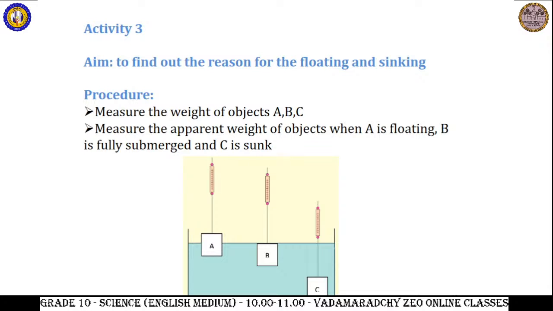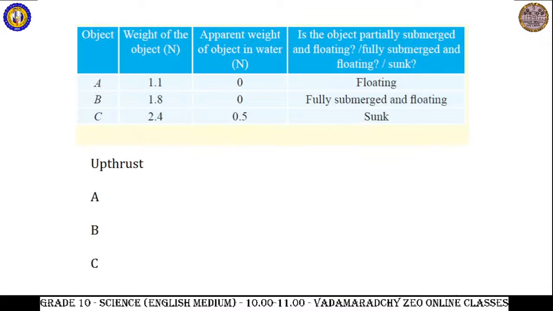So we take the three objects and hang them on a Newton balance. So we can get the weight of each object: the weight of object A is 1.1 Newton, B is 1.8 Newton, and C is 2.4 Newton. That is the real weight of the three objects.